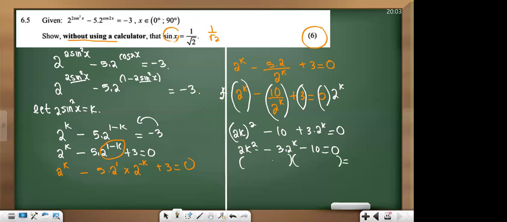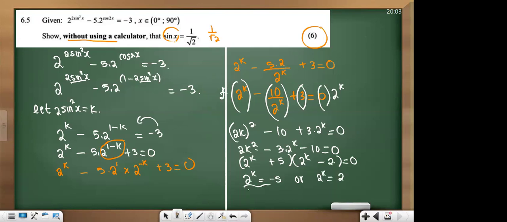This will be 2 to the power k, 2 to the power k. I'm going to have positive 5 and I need negative 10, so that will be negative 2. So 2 to the power k equals negative 5 or 2 to the power k equals 2.